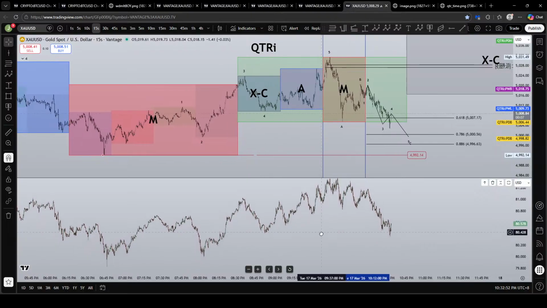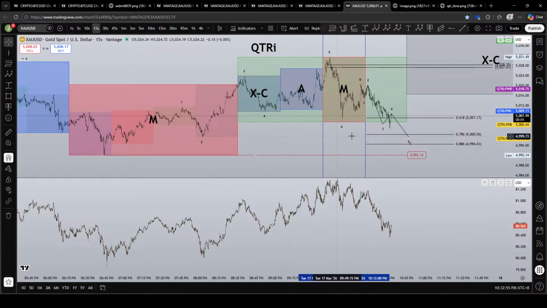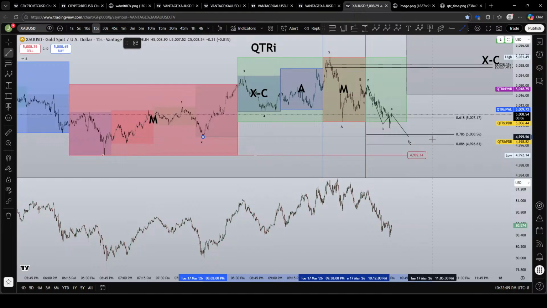So for this to create a divergence, the gold must sweep this low. For a divergence to happen, especially a regular divergence, this low must be taken.